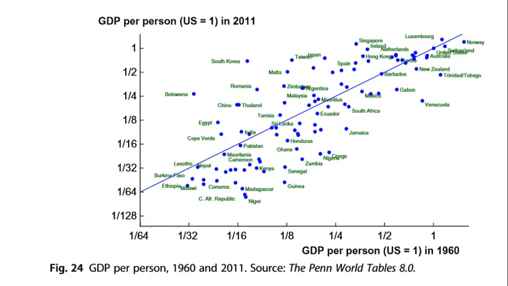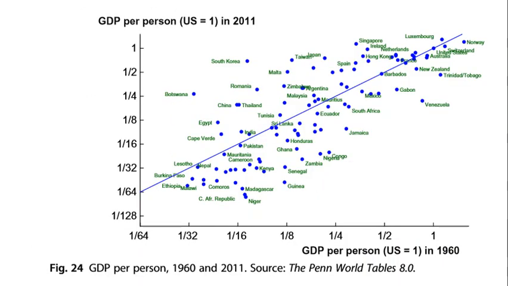And again, if you expand out and include Norway and Switzerland and Luxembourg, we have nations that actually have more GDP per capita than the United States. But again, the fact that this point blob is oblong as it is is indicative that poor countries in 1960 tended to be poor countries in 2011 and vice versa.